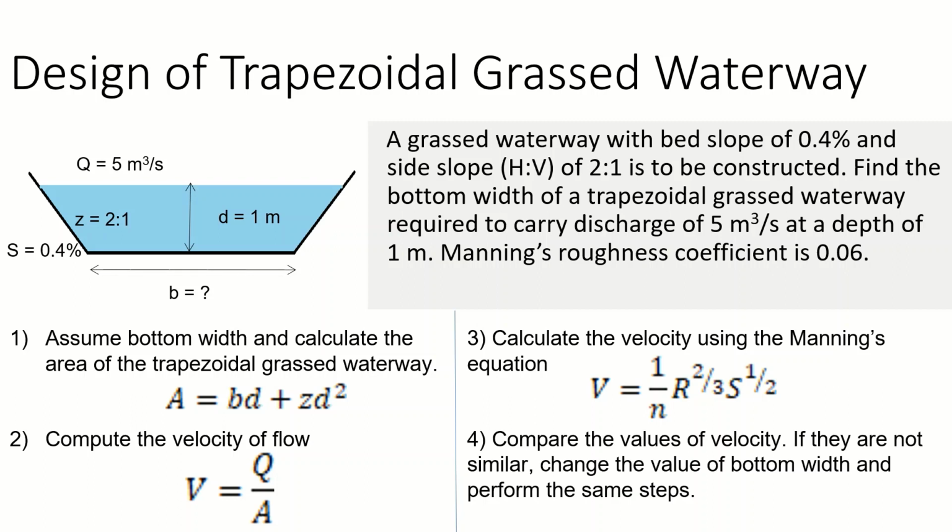We'll compare this velocity with the velocity obtained from Manning's equation, V equal to 1 by n r raised to 2 by 3 s raised to 1 by 2. If they are not similar, we will change the value of bottom width and perform these steps again.